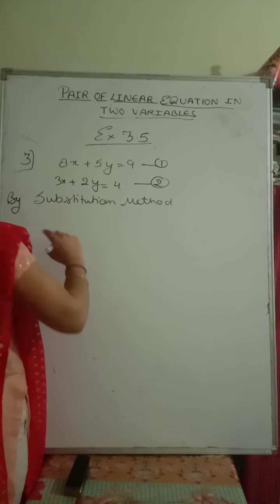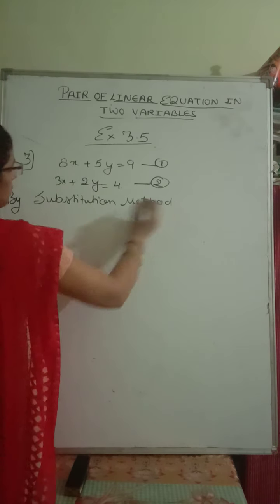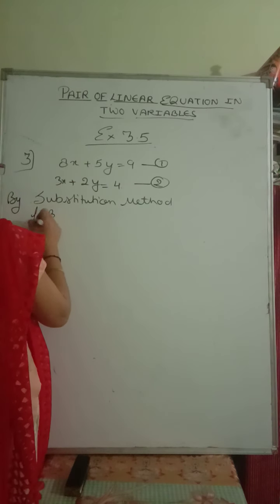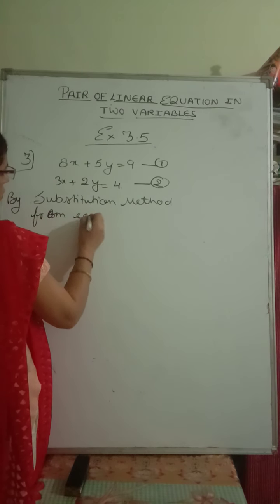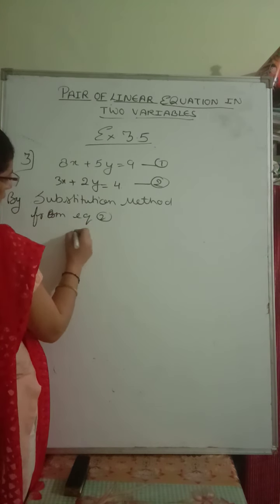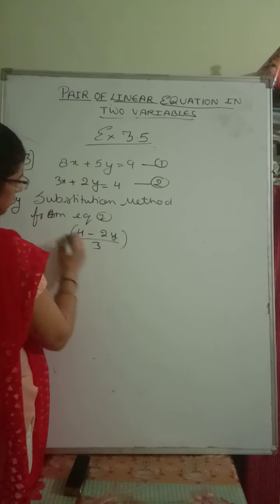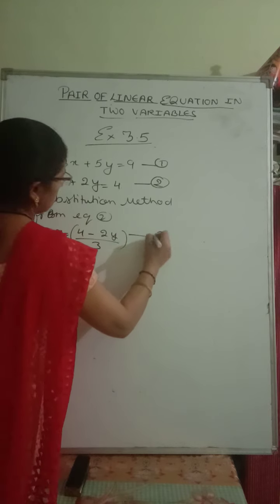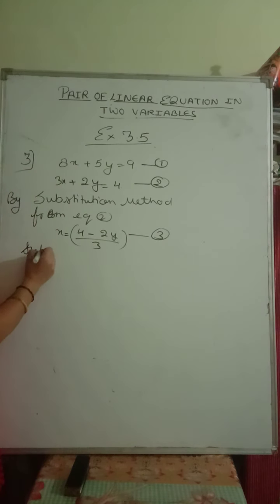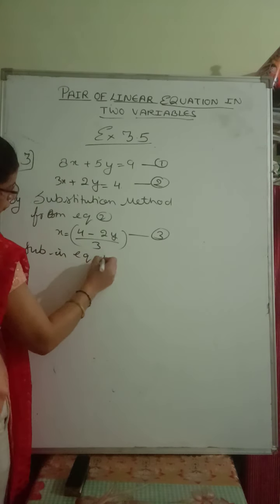So the value of x I'll find from the second equation. From equation 2, what is the value of x? x equals 4 minus 2y divided by 3. This is the value of x. Substituting the value in equation 1.